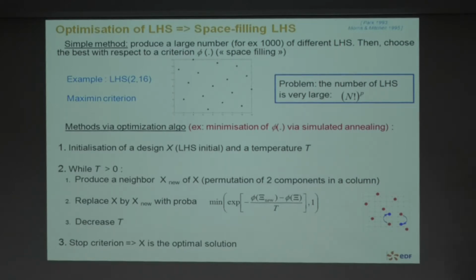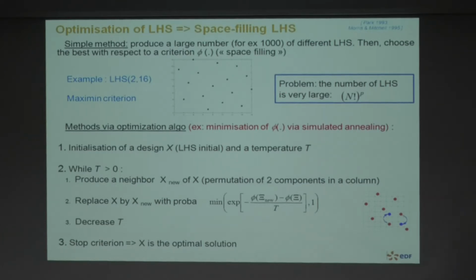I compute on each design, on each LHS, the criterion phi. Imagine that I want to maximize phi, for example, the maximin criterion. I compute this criterion 1000 times on the 1000 different LHS, and I take the best. So I have applied this, and I find a good LHS in 2 dimensions and 16 points.